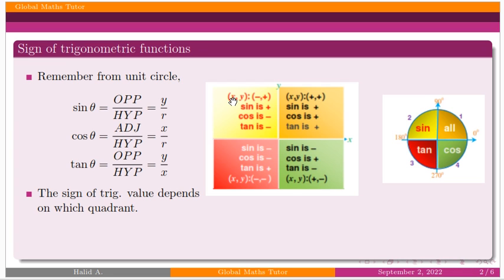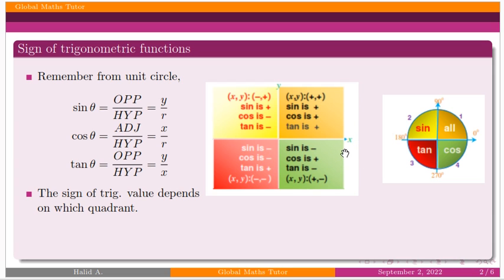In quadrant 2, x is negative and y is positive, so it means only sine is positive and cos and tan will be negative. In quadrant 3, both are negative, so its tan value will be positive, and for quadrant 4, x is positive and y is negative, then its cos value is positive, but sine and tan values will be negative.